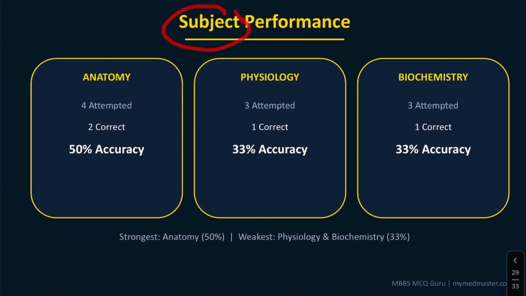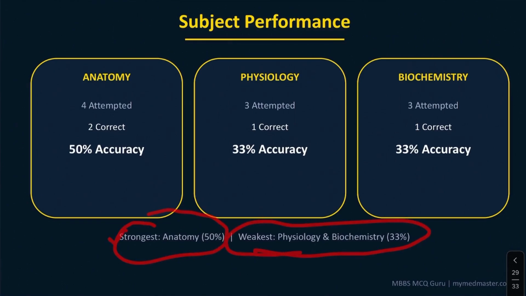It will also provide you the subject-wise performance, like here anatomy 50% accuracy, physiology 33% accuracy, and biochemistry 33% accuracy. And it will also showcase how many questions you attempted and how many are correct. So this is how you will know which are your strong subjects and which are your weaker subjects.